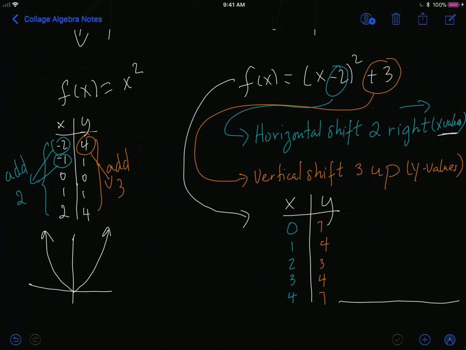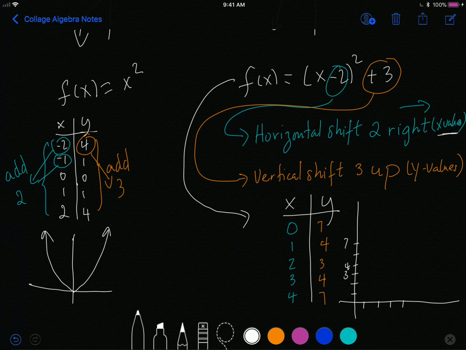And I can see that the highest y value is 7 and the lowest y value is 3. 1, 2, 3, 4, 5, 6, 7, 0, 1, 2, 3, 4. So I plot those points. 0, 7 is right here.